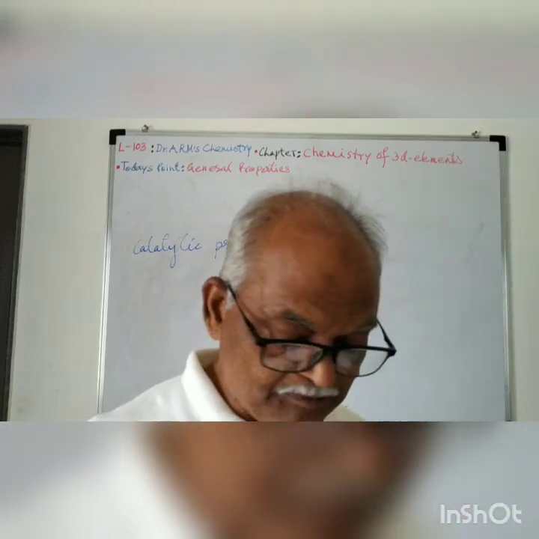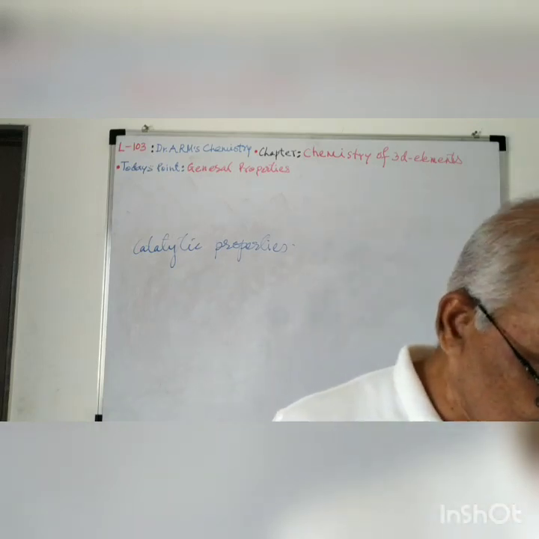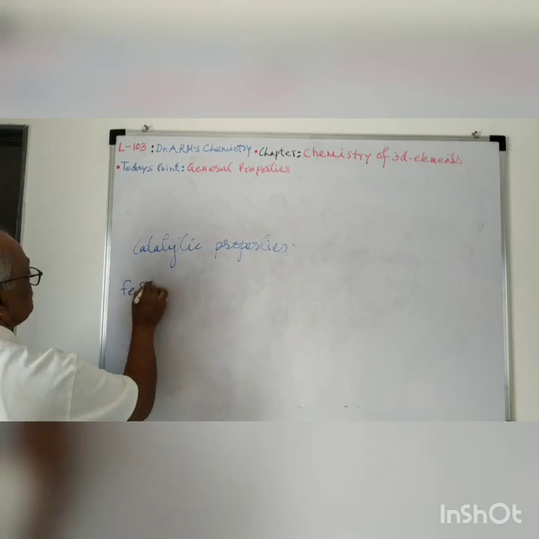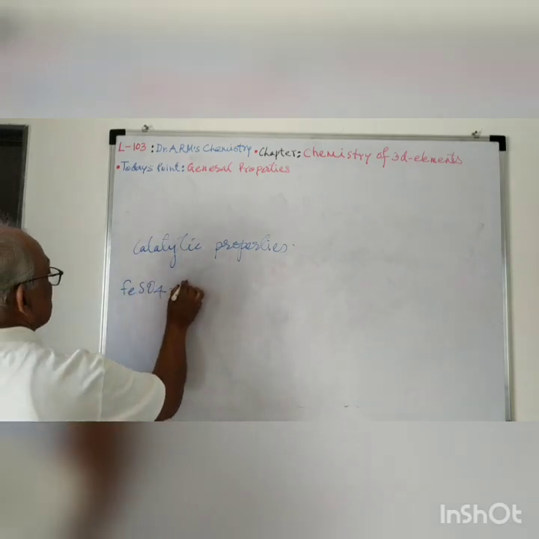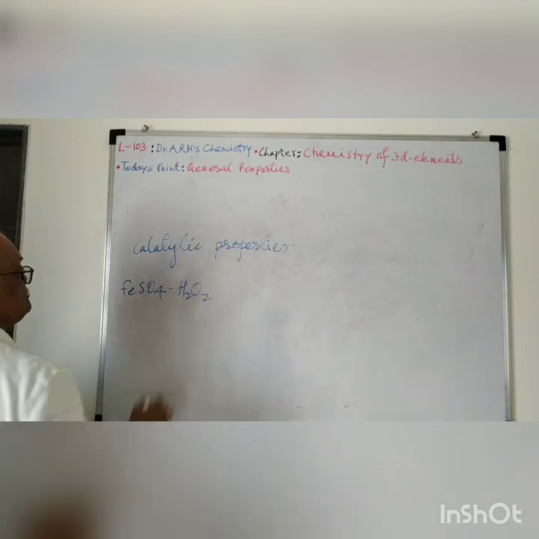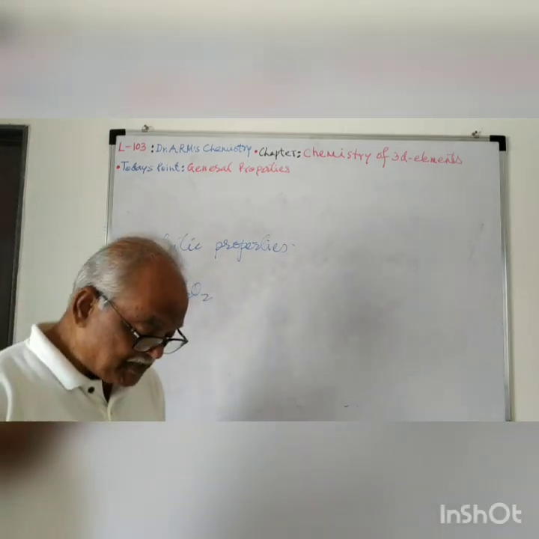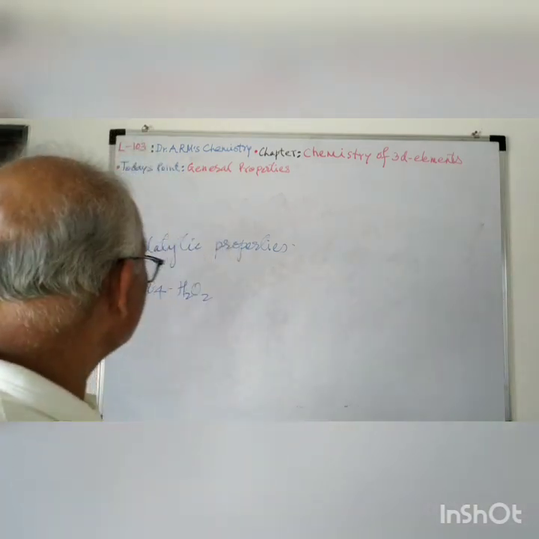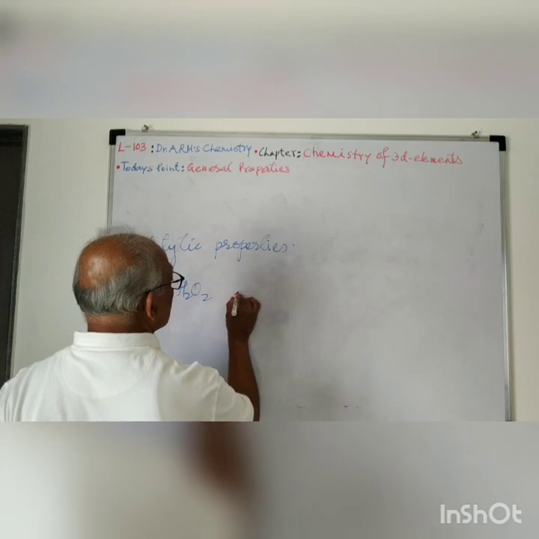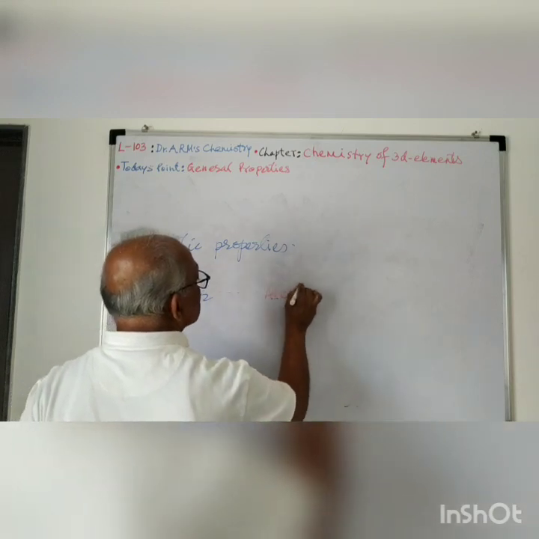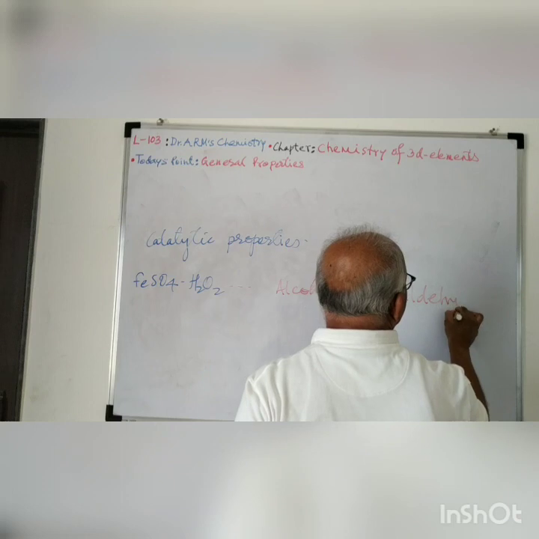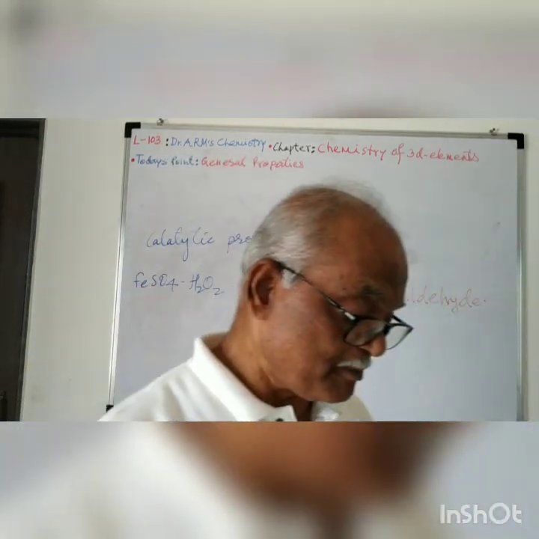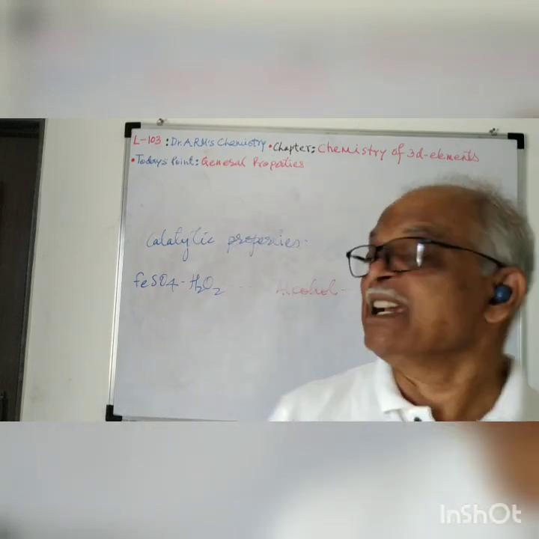For example, FeSO4 and H2O2 is a catalyst used for oxidation of alcohols, oxidation of alcohols into aldehyde.